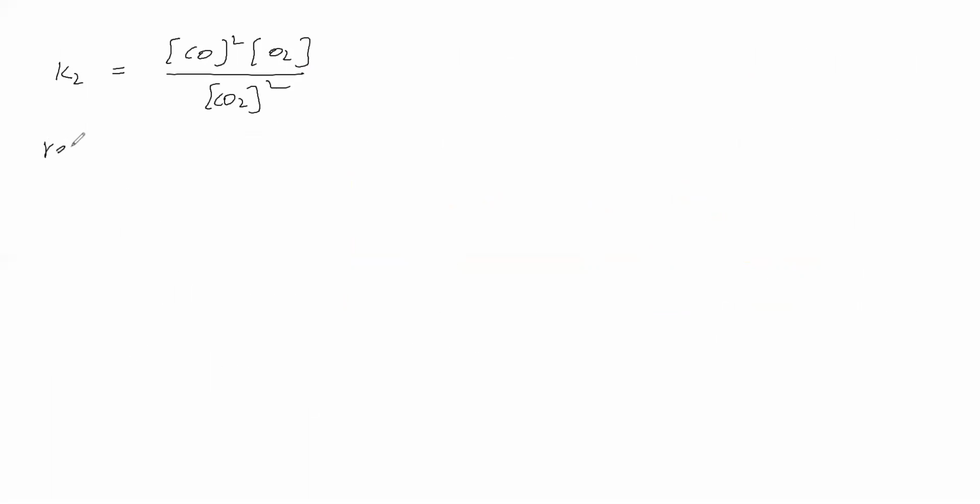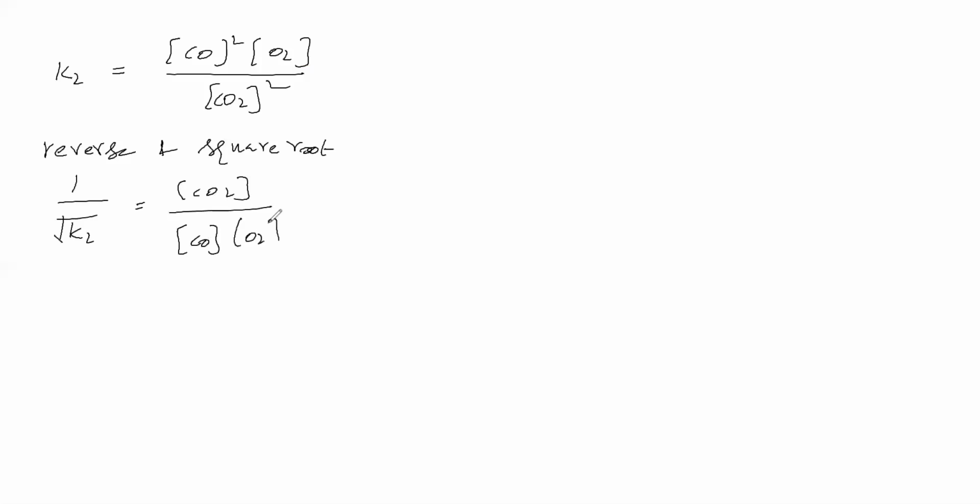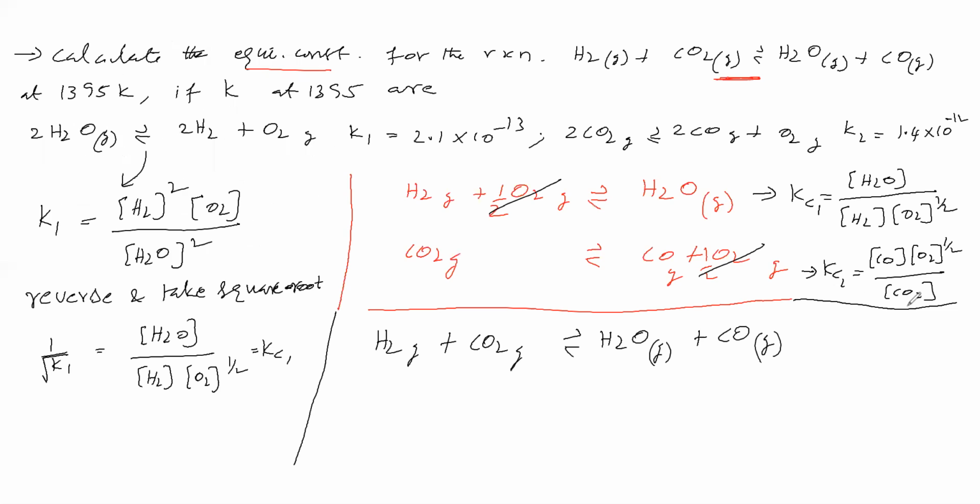Therefore, now you reverse this and take square root. Reverse this one and take square root. Therefore, 1 by square root of K2 is equal to CO power 1, O2 power 1 by 2, by CO2 power 1. Okay, this is equal to what you see? This is equal to this Kc2.